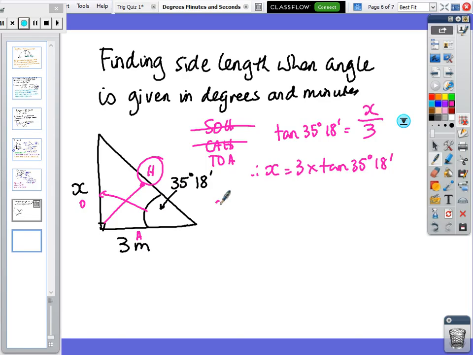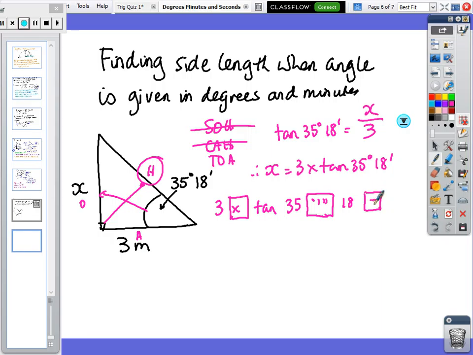So on your calculator, you put a 3, you press the times button, you press tan, you don't use shift because we've got the angle. Then you put your 35 and then you hit your degrees, minutes, seconds button, then you press 18.